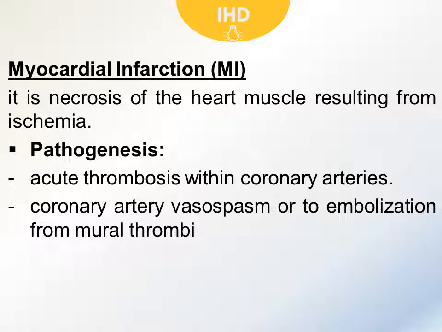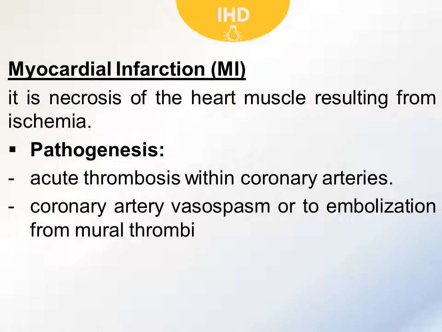The second clinical presentation of ischemic heart disease is myocardial infarction, commonly referred to as heart attack. It is necrosis of the heart muscle resulting from ischemia. For the pathogenesis of myocardial infarction, most myocardial infarctions are caused by acute thrombosis within coronary arteries.